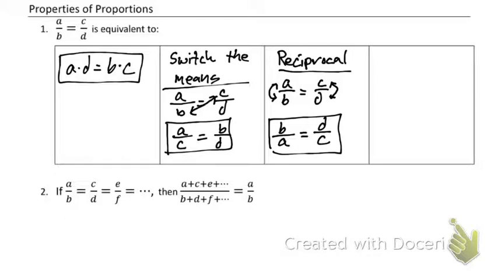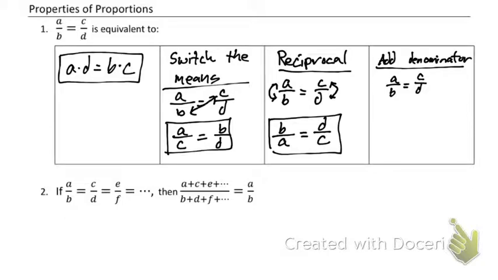The last one we're going to talk about is adding the denominator. So this is going to be called add denominator. Once again, we're going to start with A over B equals C over D. But this time we're going to add the denominator to both sides. You're not allowed to just add a number to both sides.